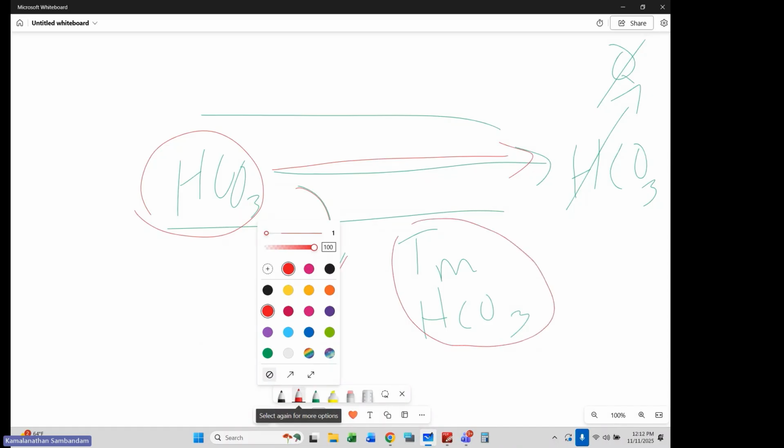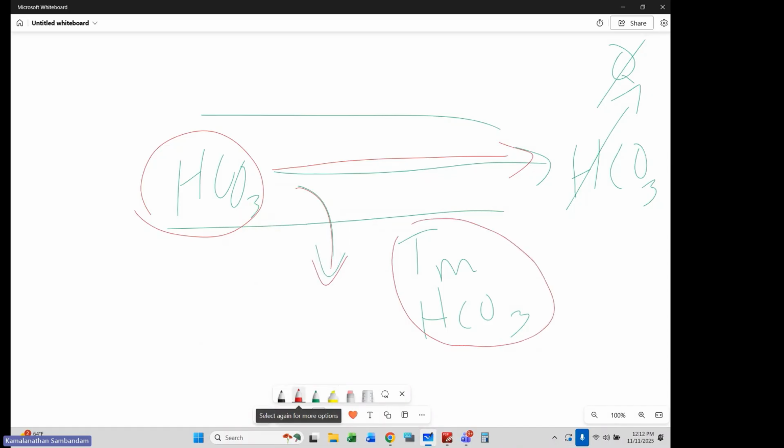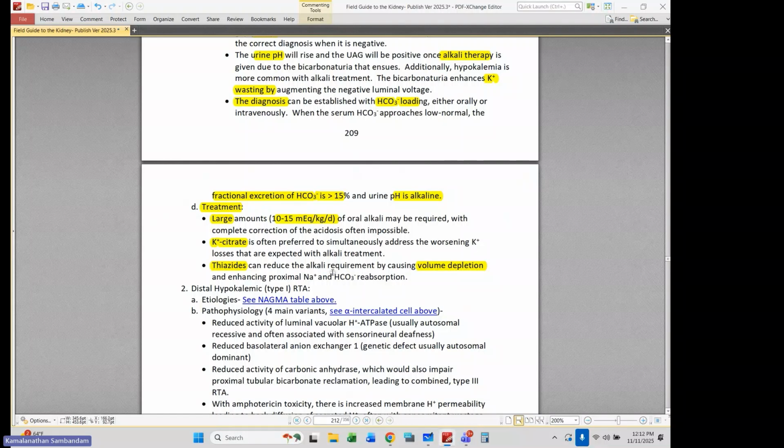By creating volume depletion, my transport of solute and water in the proximal nephron, which is regulated by norepinephrine, angiotensin II. These hormones are signals to the proximal nephron to increase reabsorption rates of solute and water, including bicarbonate. And so if I cause volume depletion, I may reduce the tendency to bicarbonate wasting, okay?